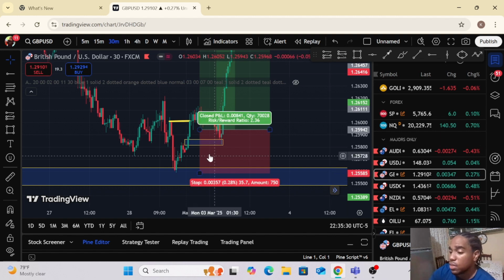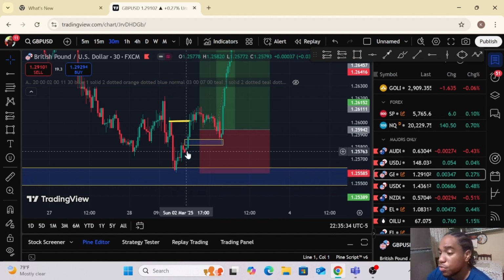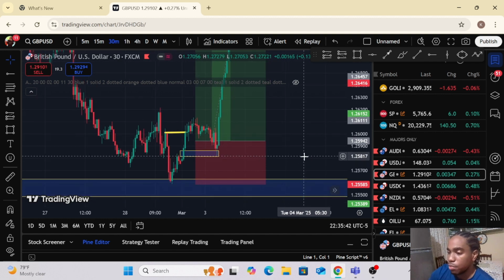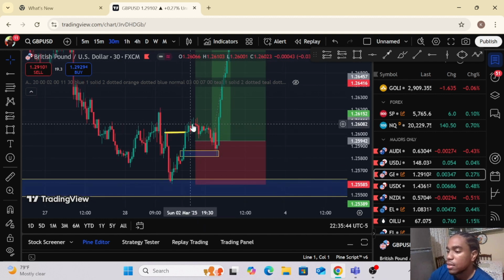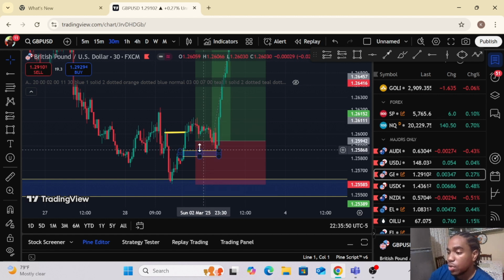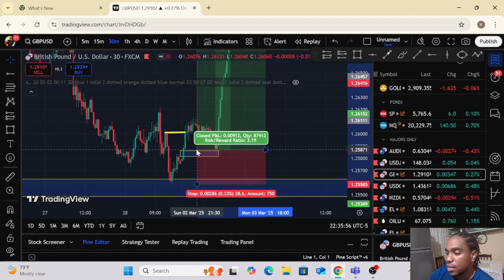Price has tapped into our zone, and price is so focused on moving forward that it's leaving fair value gaps, leaving imbalances in the market, which it did come back to rebalance. Whereas when price retraced I got in right here, someone else could have gotten an even better opportunity to enter here.